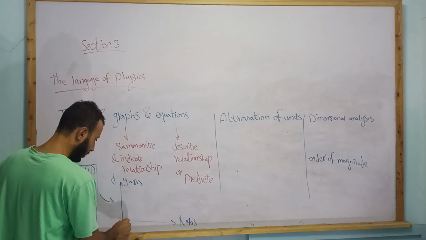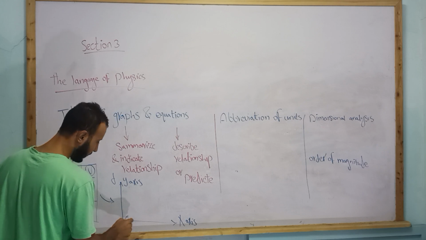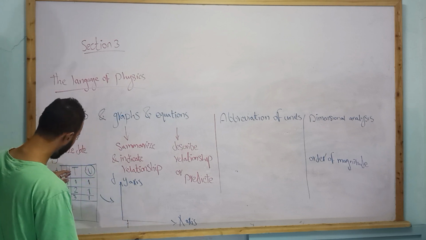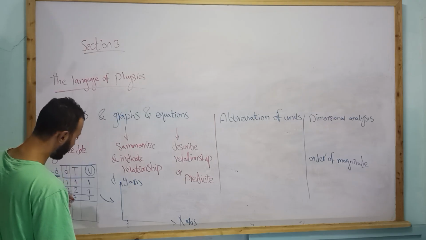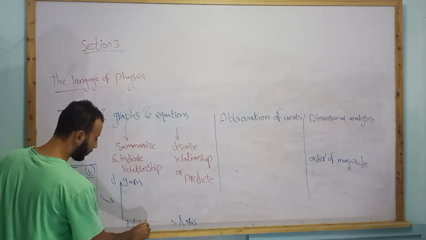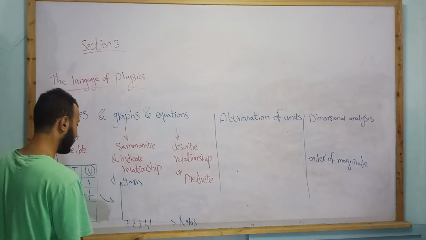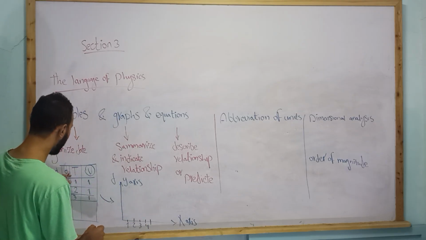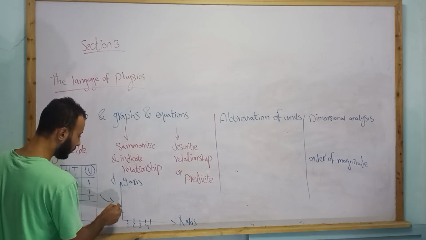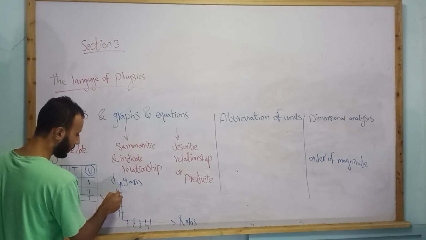So you have to write your scale: for the time we have 1, 2, 3, 4, etc. And for the distance, 1, 2, 3, 4, etc.